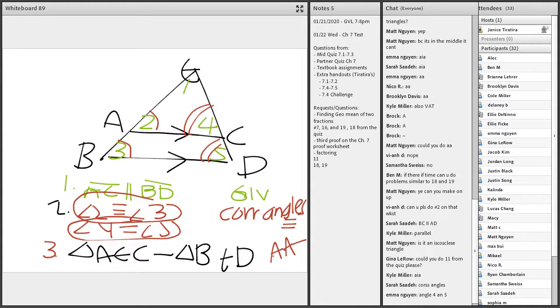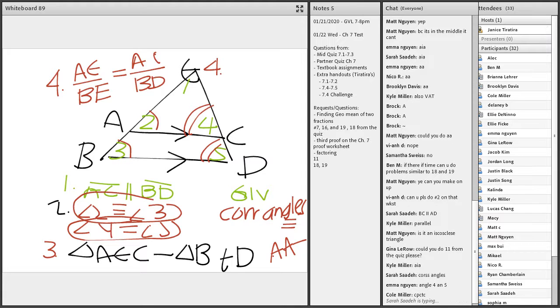Now, if someone remembers from earlier, I typed this, I wrote it down. Someone could type it. What if my fourth goal is saying AE over BE is proportional to AC over BD? What would the reason be for number 4? So in this case, it's like a sentence.